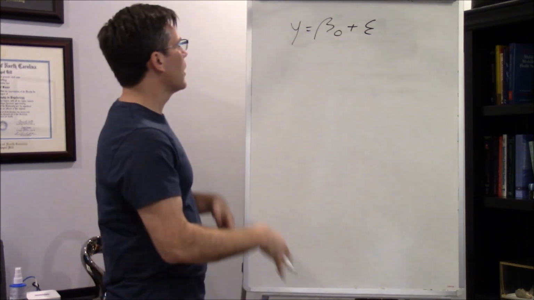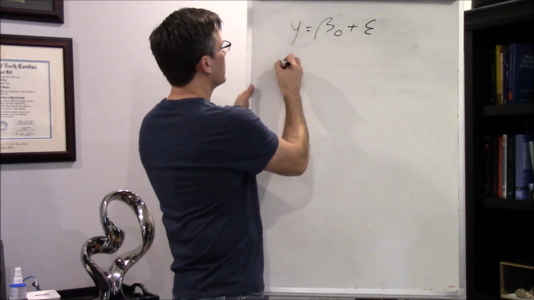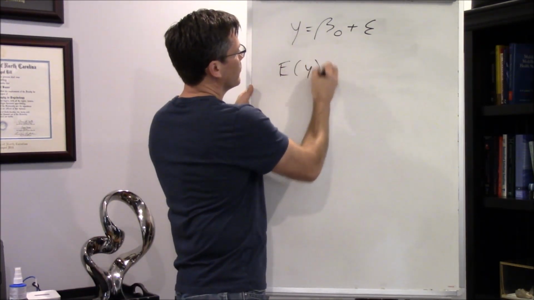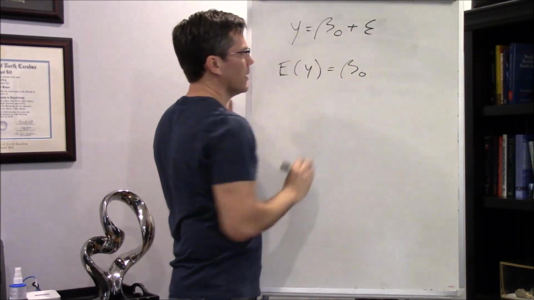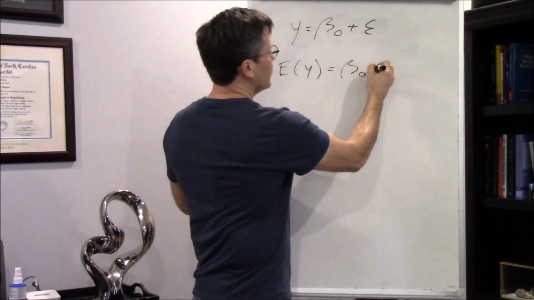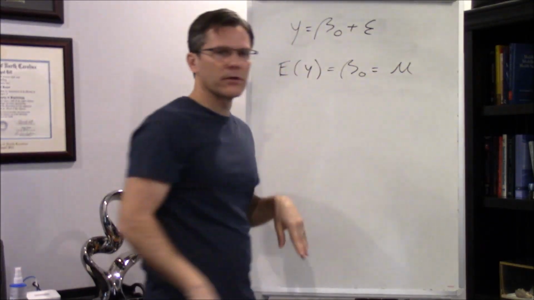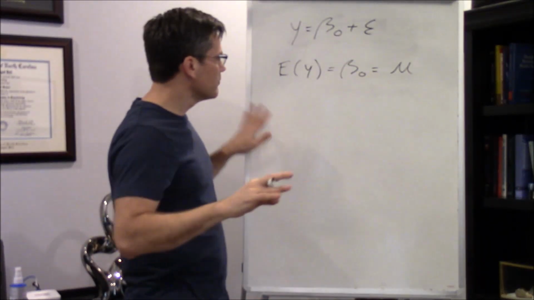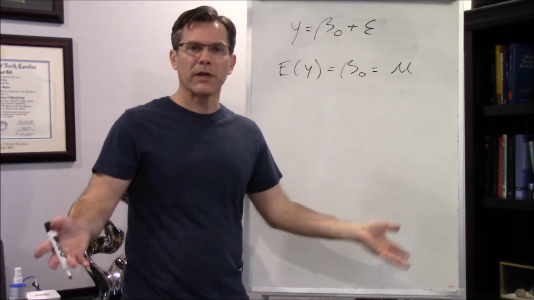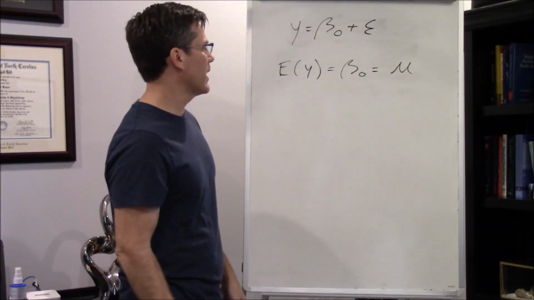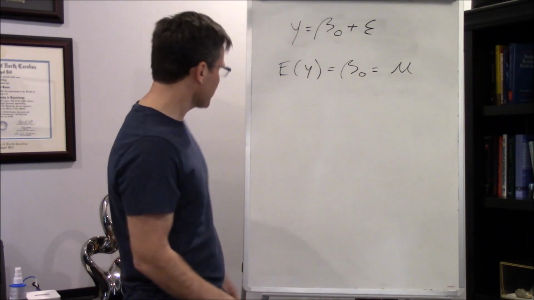Well, in our regression model, what is the expected value of y? That's just beta naught, and that is equivalent to our population mean. The expected value is just the average if there are no predictors. Our best guess is the average in the absence of any other information.